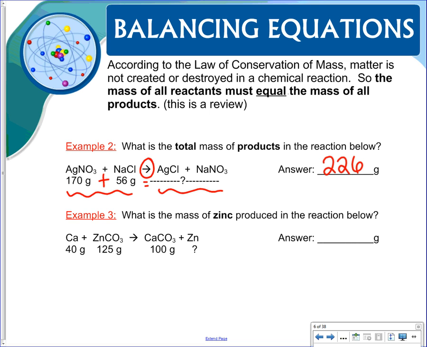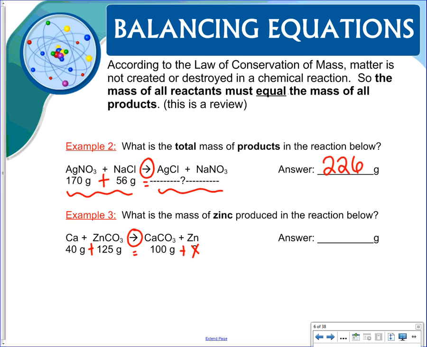Okay, welcome back. Hopefully you were able to do example 3 on your own. In order to figure out the amount of zinc produced, we set this up like an algebra problem. So it would really be 40 plus 125 equals 100 plus x. We're just solving for x.